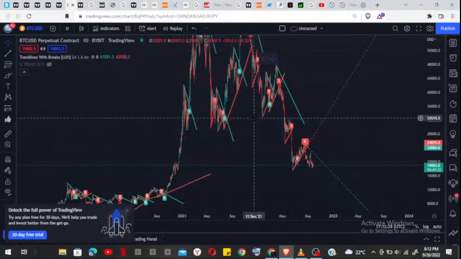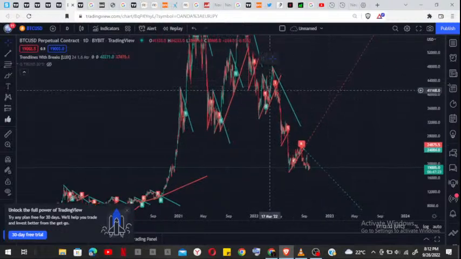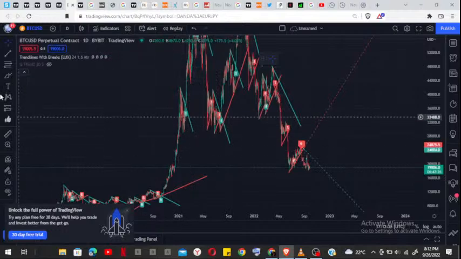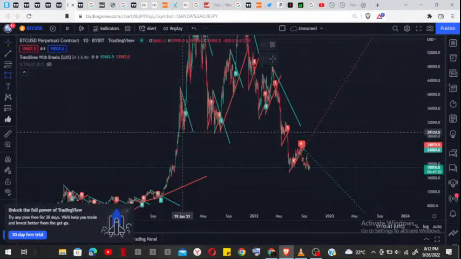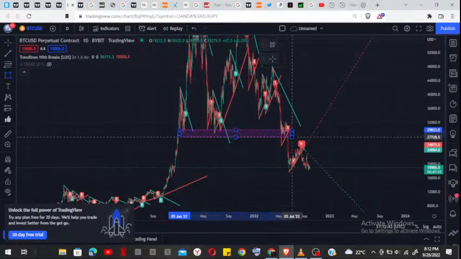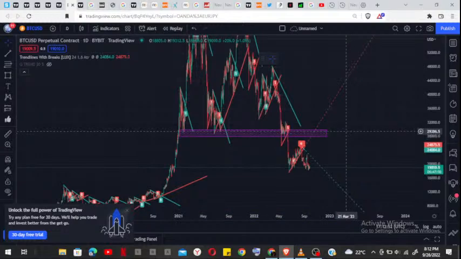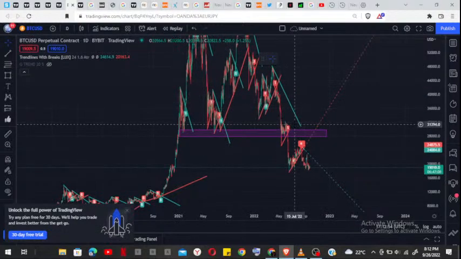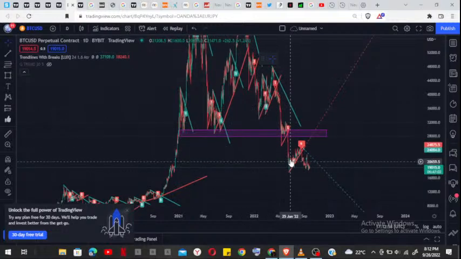If you look at this perfectly, this is also a day's time frame, but here I have these indicators. I'm not going to delete them or hide them at the moment, but let me just show you what's happening to gold and BTC. You can see that for quite some time this happened and BTC kept on dropping.